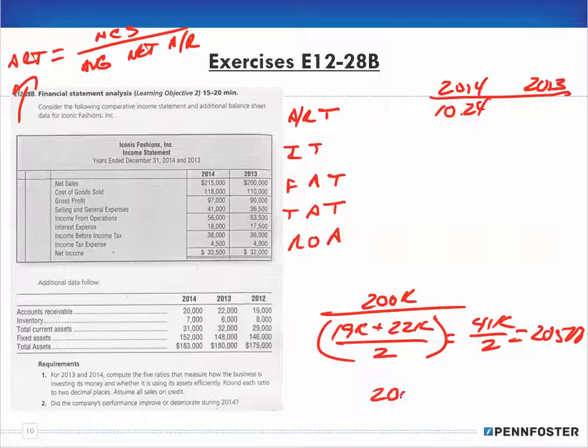So I have 200,000 divided by 20,500, and that gives me 9.76. Okay, pause the video. I'm erasing this.